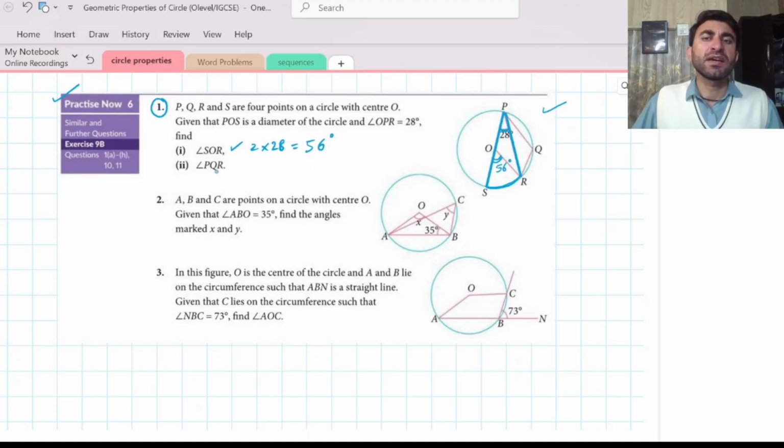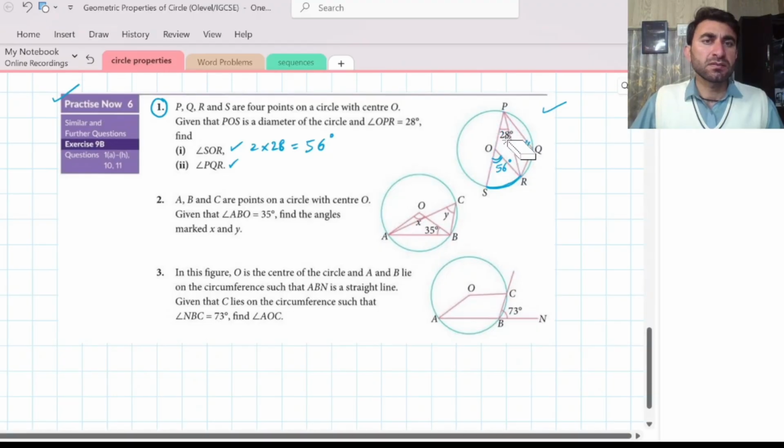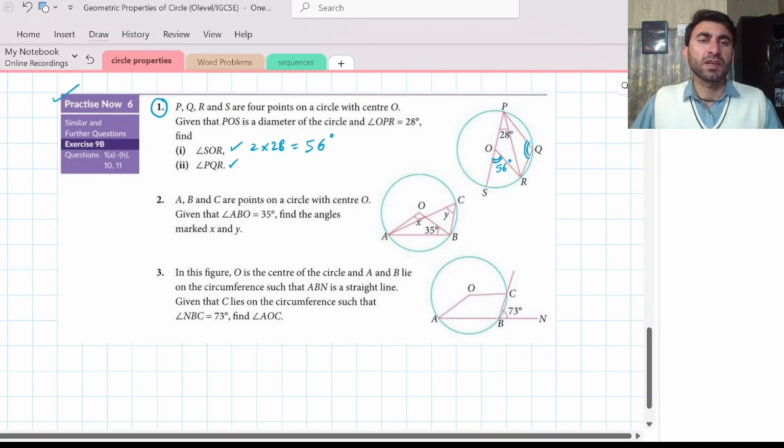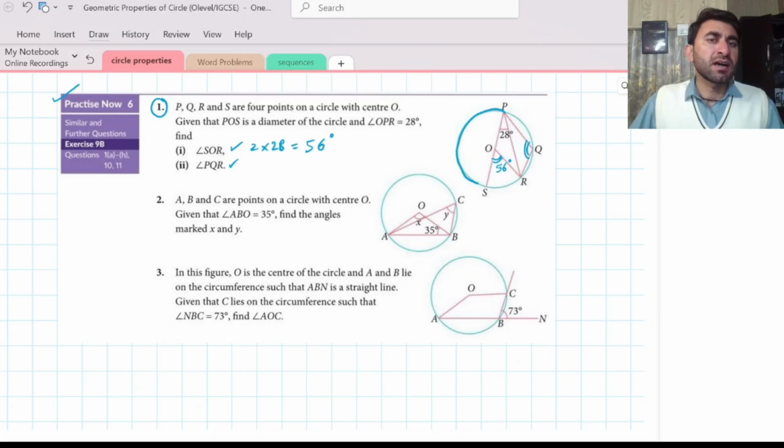Next we have to find the angle PQR, and angle PQR, if we can see, is located over here. In order to find this angle, let us remove the extra things over here. We can see that this angle PQR is subtended by the major arc PSR.